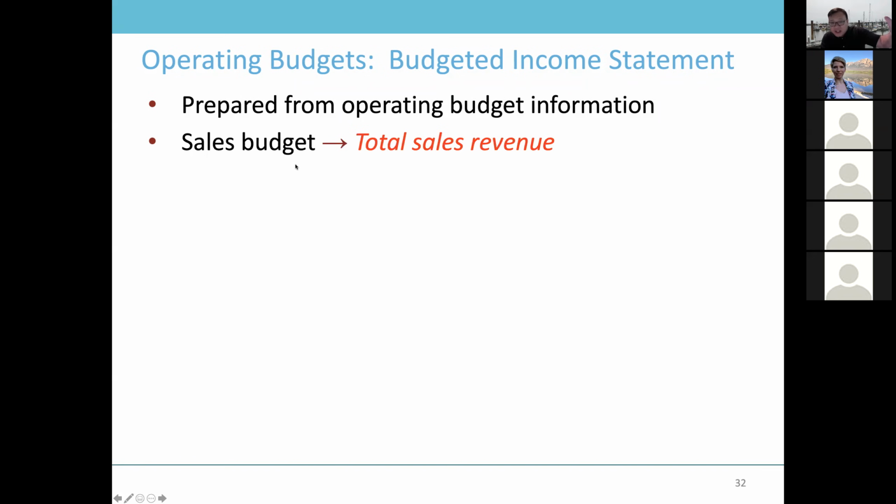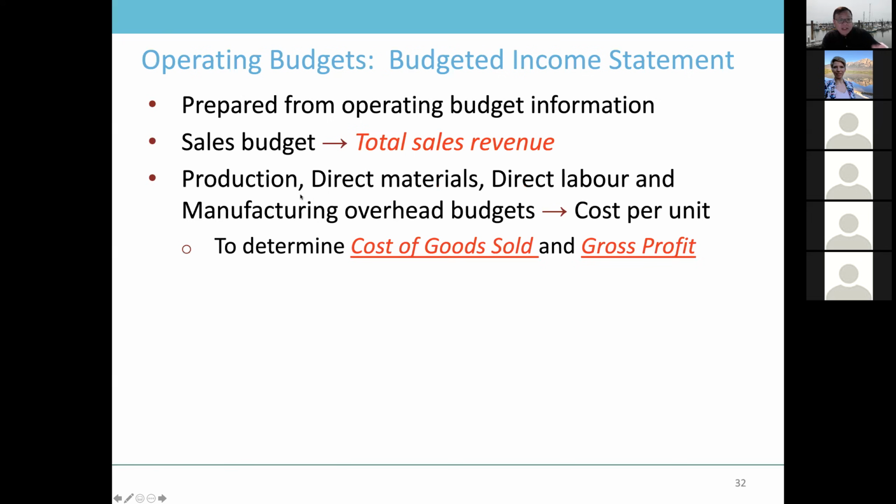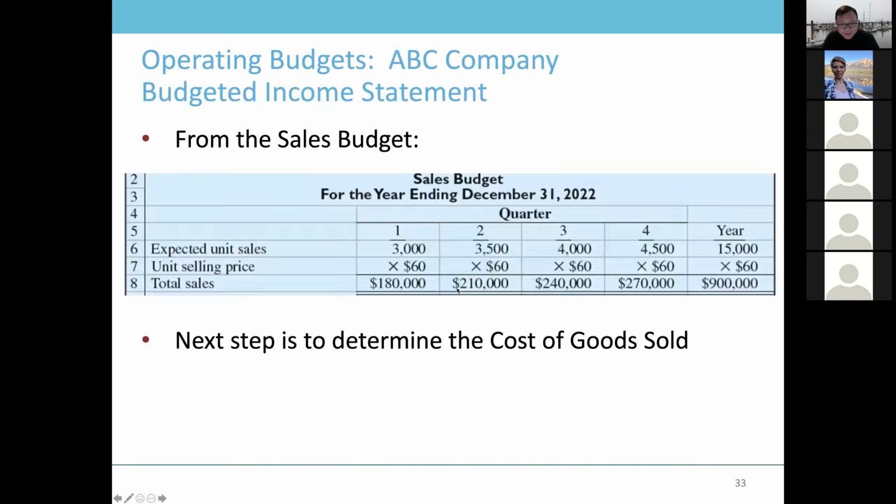The sales budget tells us the projected sales revenue. And the production budget, direct material, direct labor, and manufacturing overhead budgets will help me determine the cost of goods sold. And the difference between the sales and cost of goods sold is my gross profit, okay?